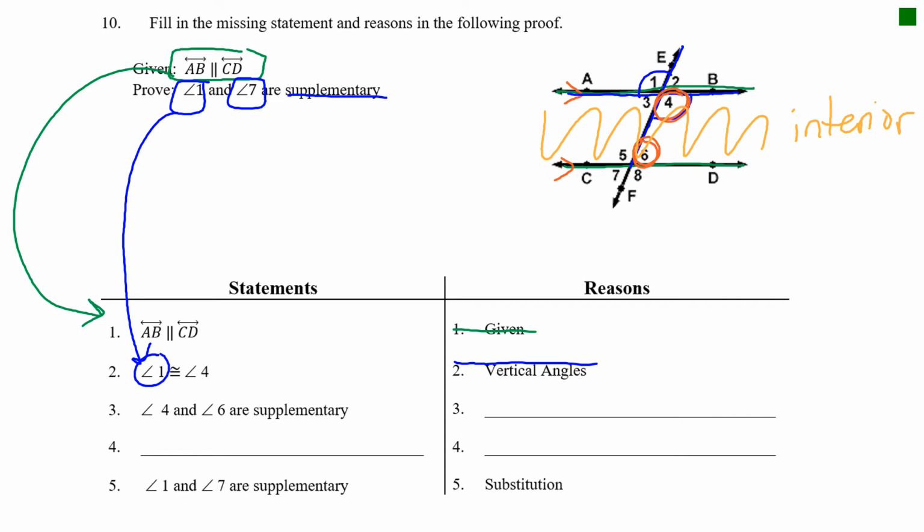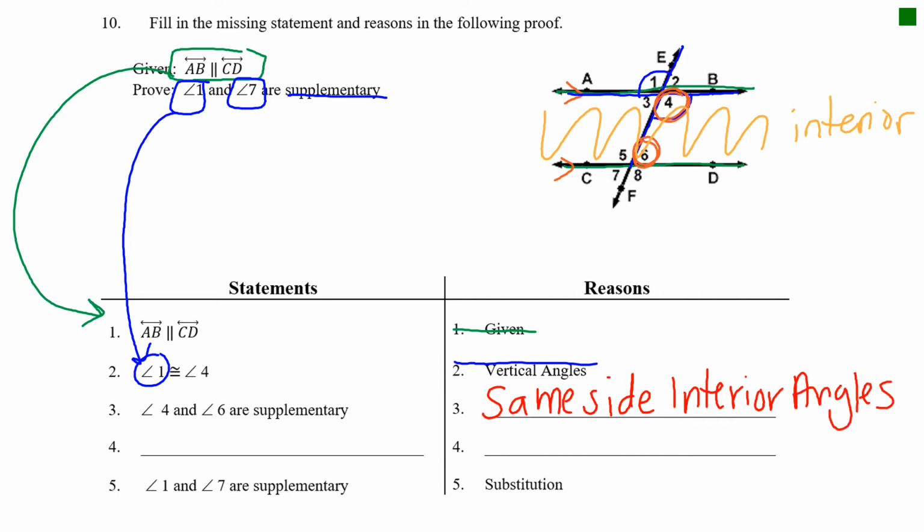So because they're both on the same side and on the interior, those two are going to be supplementary by what we would call same side interior angles. Do not just put same side interior because, again, when I say same side interior, I could be referring to shapes or sides. I need to be specific and say that they are angles.